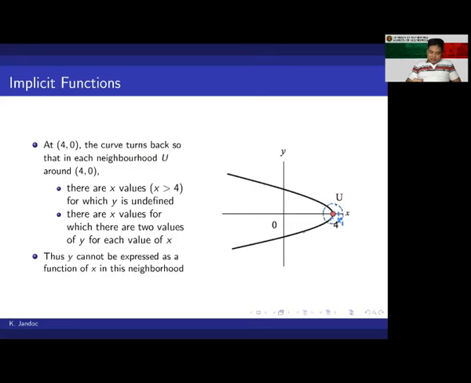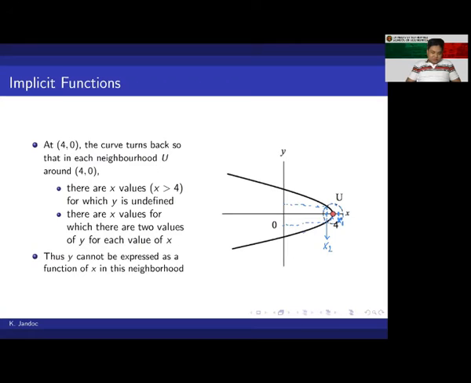Notice then that if we have another x inside this neighborhood, for example this one, call it x2, at this value of x you will have two values of y. So you have a y here, and then you have a y over here.